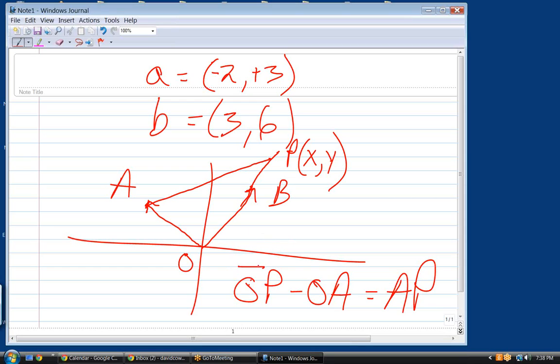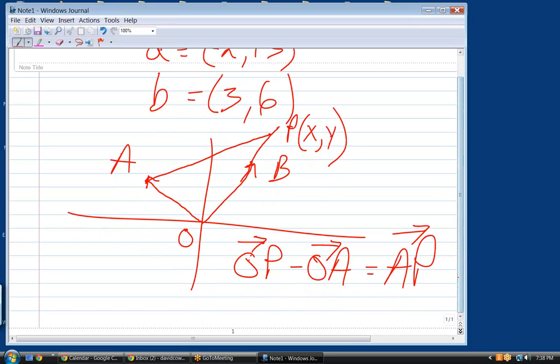If OP vector minus OA vector is equal to the AP vector, which it is, then it has to be true that the OB vector minus the OA vector has to be a scalar multiple of AB.